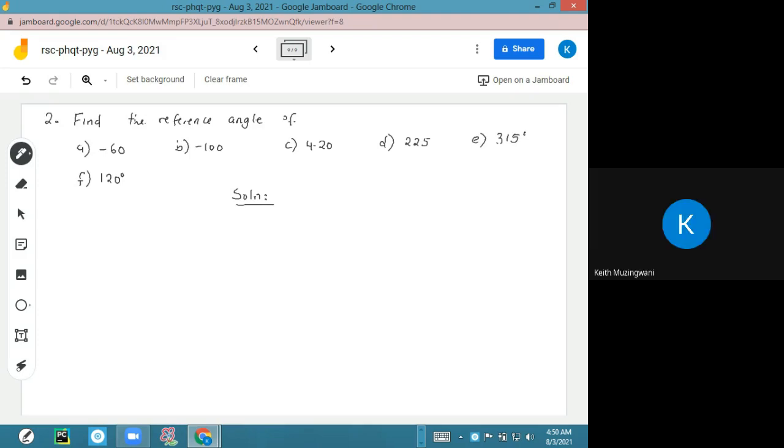So A, B, C, D, E, F, G. G is negative 3 pi over 4. So I'll see if there's need for more. Sir, you haven't indicated the interval. For reference, no interval. Their definition is an interval already.